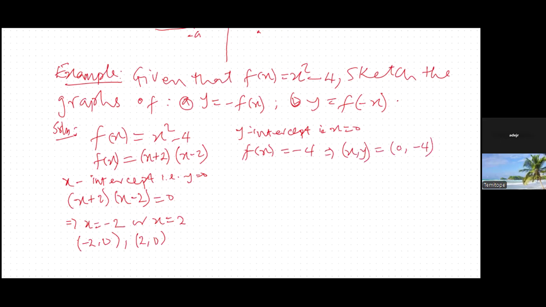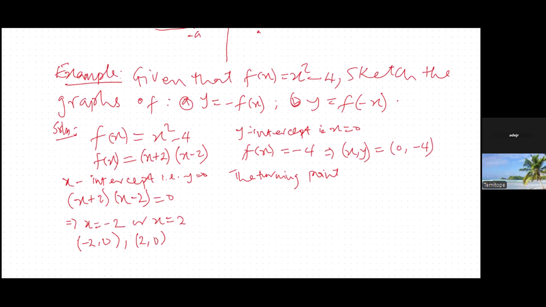The x-intercept, the y-intercept, and what? The turning point. The turning point for this is already -4. Understood? Yes, sir.